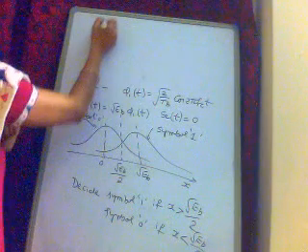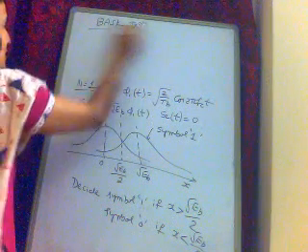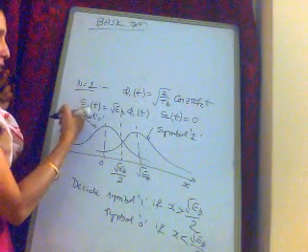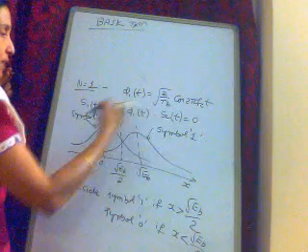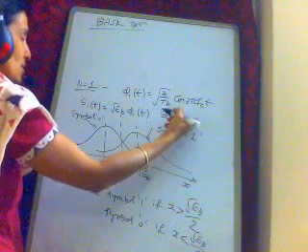Binary ASK transmitter. The two possibilities are S1 of t and S2 of t. They differ in the amplitude. It is either root EB or it is equal to 0.